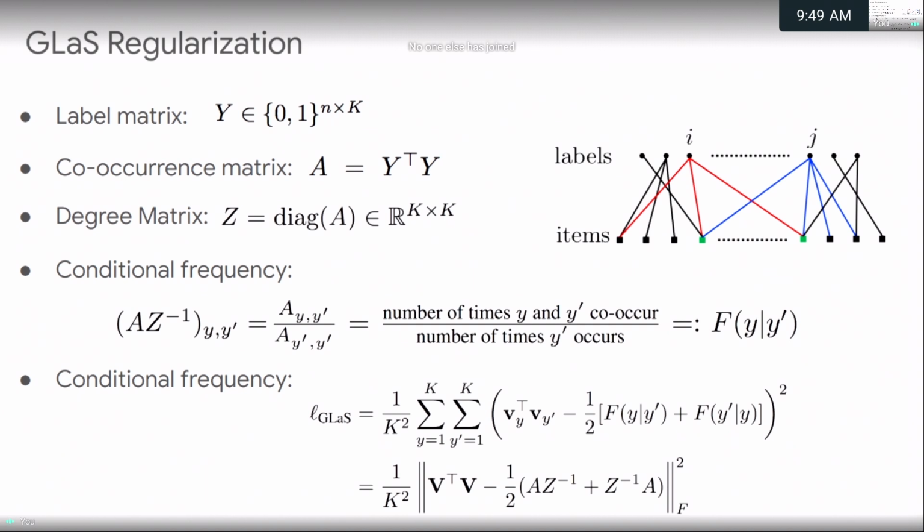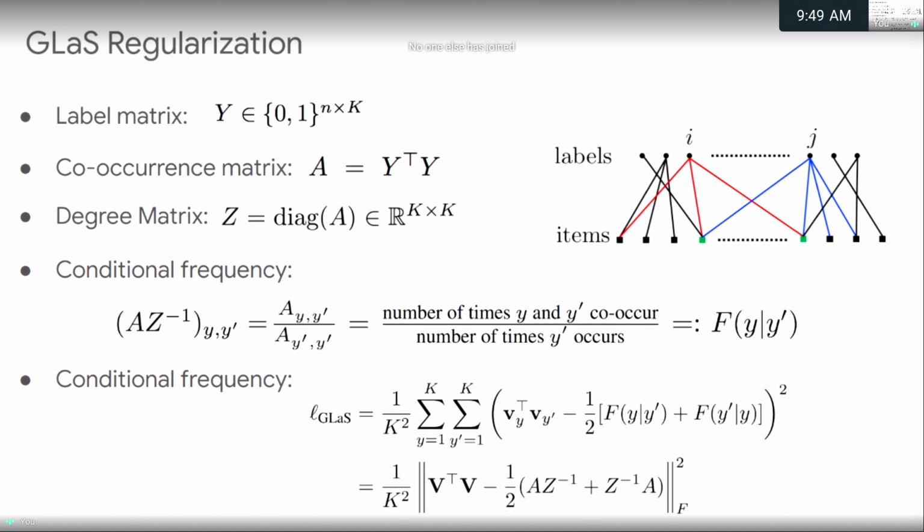items, they have co-occurred. Now, if we define this degree matrix Z, which is a diagonal matrix with k columns and k rows, then we have this conditional frequency, which is the number of times that y and y prime have co-occurred, divided by the number of times that y prime has occurred.